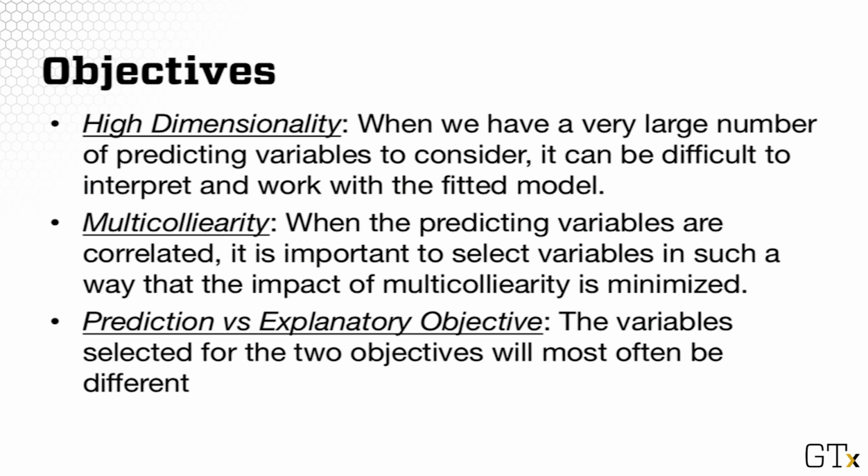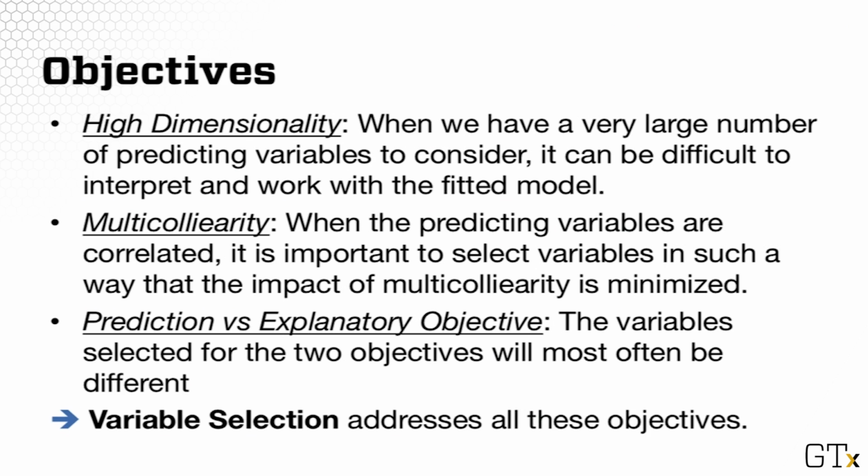When the objective is to explain the relationship to the response, one might consider including predicting variables which are correlated, while for prediction this should be avoided. Overall, such objectives are achieved using rigorous variable selection, as we'll learn in this lecture.